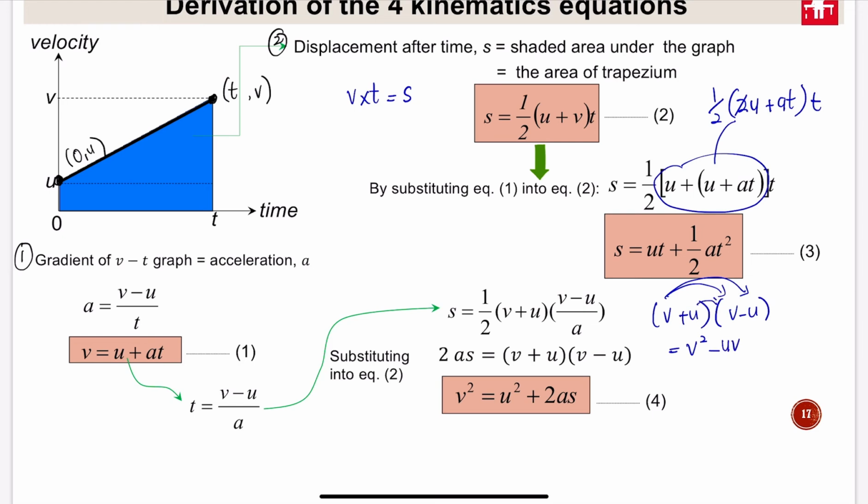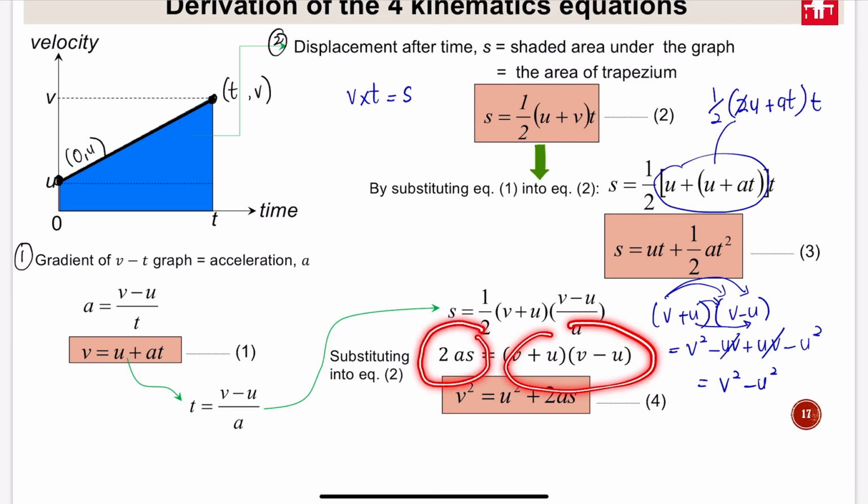Okay, so next here is plus uv minus u square. So u times u ada negative, so minus u square kat sini. So plus and minus uv ni kita boleh cancel, so kita akan dapat v square minus u square. So the right hand side, kita akan dapat v square minus u square equals 2as.